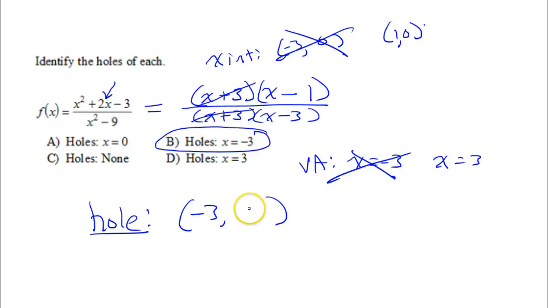But we usually need to know the y value, so how would we find that? Well, this function has now become f of x equals x minus 1 over x minus 3. So I can use this to tell me what the y value of the hole is.